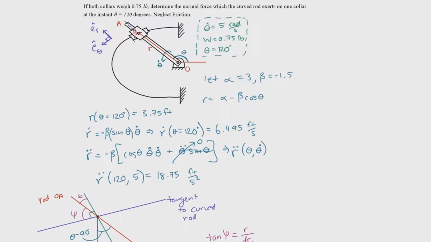And that's why we found those different angles earlier. And we proved that it isn't because we found the angle phi, which is not 90 degrees. So therefore E theta does not actually point in the tangent direction of the curved rod. However, E theta is perpendicular to the rod or the radial vector. So I just wanted to clear that up.